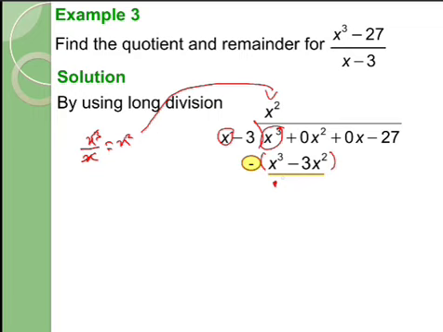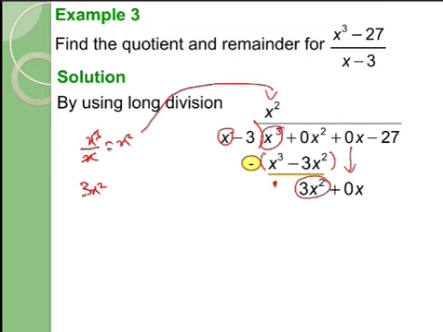Okay, next, 0x squared minus negative 3x squared is equal to positive 3x squared. And then bring the next term downwards. So we have to eliminate 3x squared now. Write everything there, 3x squared. Don't just take x squared, but take the whole term, including the coefficient.